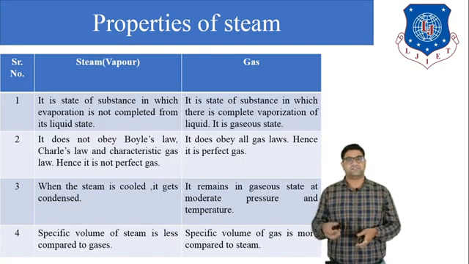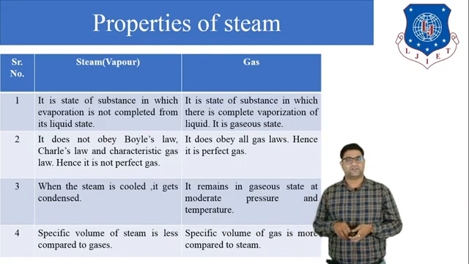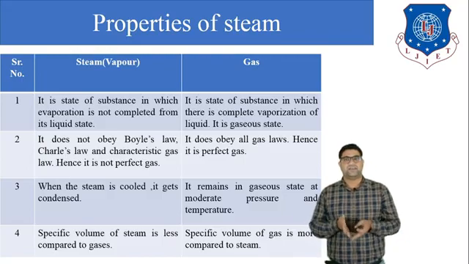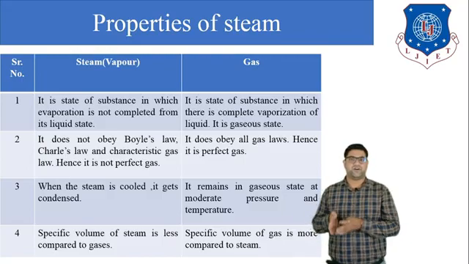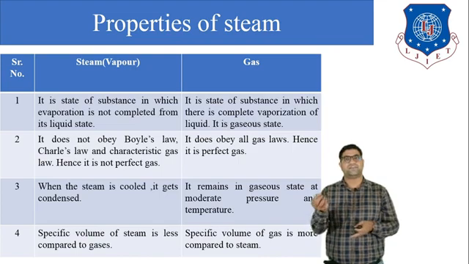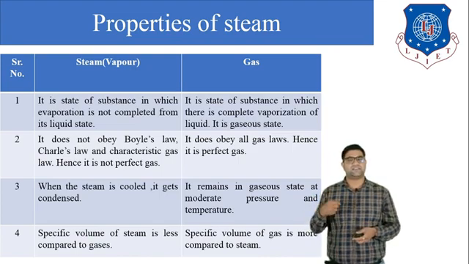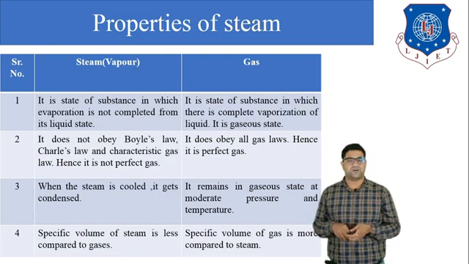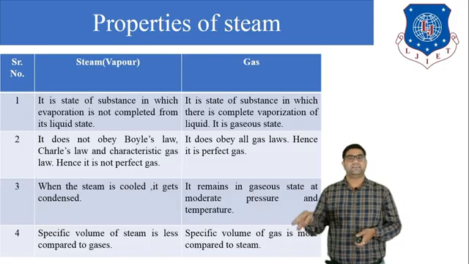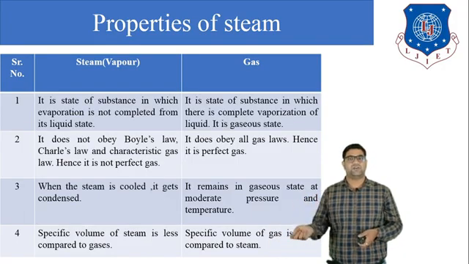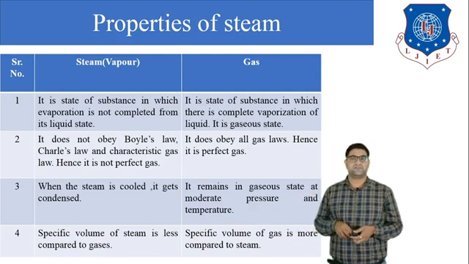Next, when steam cools it gets condensed, so we can convert steam into water. But gases are not condensed at moderate temperature and pressure. If we slightly decrease the pressure or temperature, gases cannot convert into liquid form, but steam can easily convert into water with a small decrease in pressure or temperature.